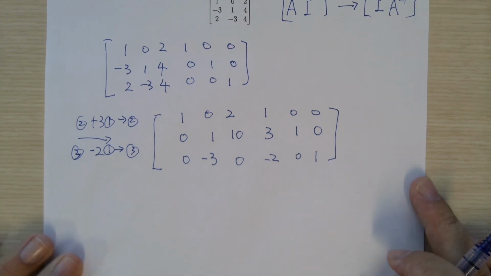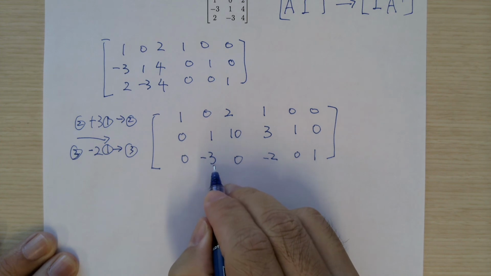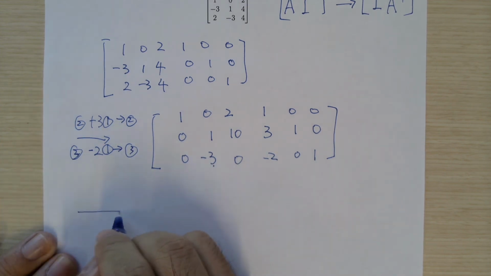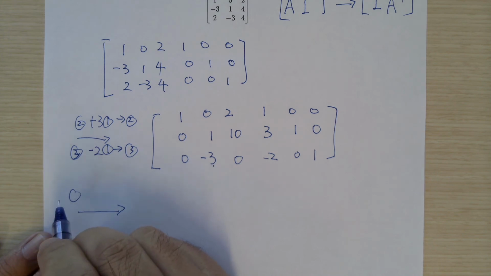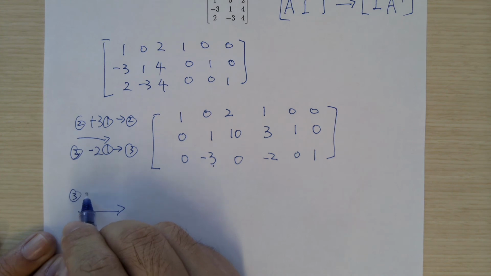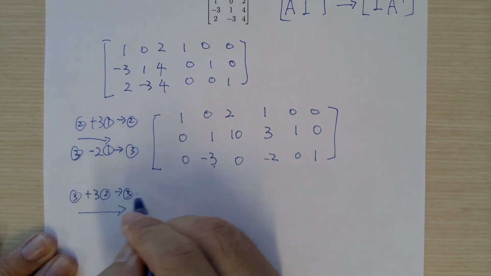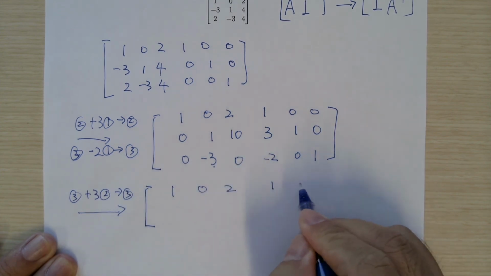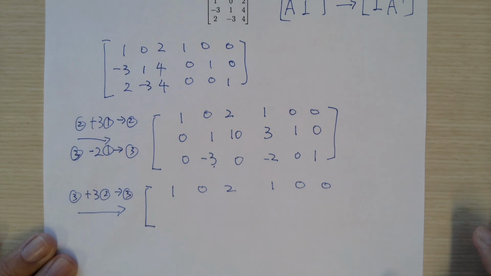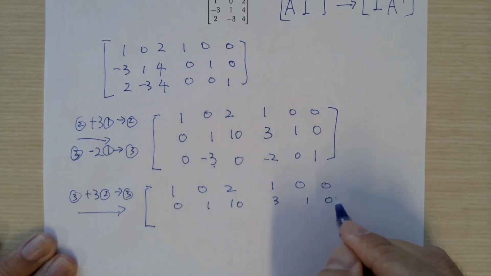Let's see what we can do here. Up to here we're good, and if we want to get rid of this negative 3, we can use row 3 plus 3 times row 2 becomes new row 3. That will give us 1 0 2 1 0 0, nothing changed. 0 1 10 3 1 0, also nothing changed.